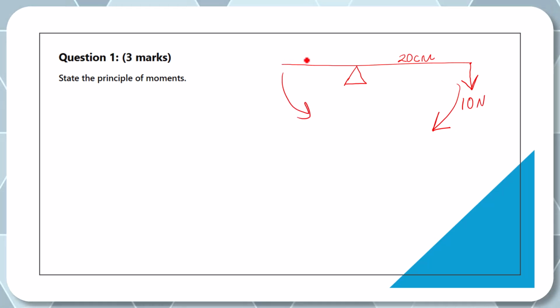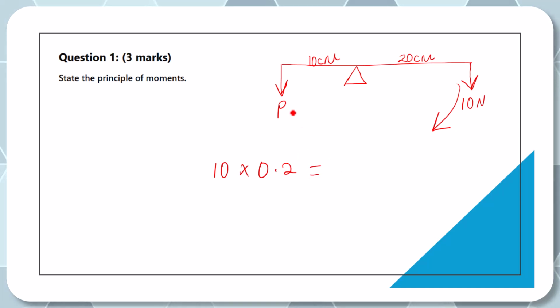So say the distance on this side is 10 centimeters, and we've got another force on this side, which I don't know, so I'm going to call it P. When these two are in equilibrium, the clockwise moment, which is 10 times 0.2, should be equal to the anti-clockwise moment.